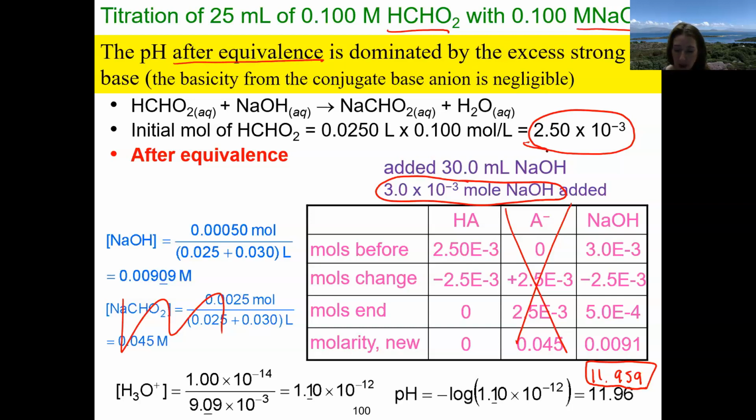At that point, the only thing that matters is the molarity of our base. Remember, when we find the molarity of our base, we have to take the 25 milliliters and the 30 milliliters into account. So there's a lot of little pieces here. Okay, any questions on this part?